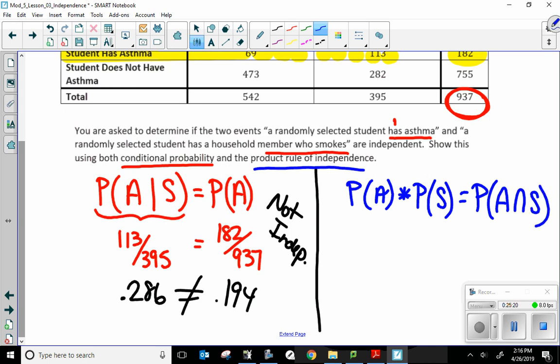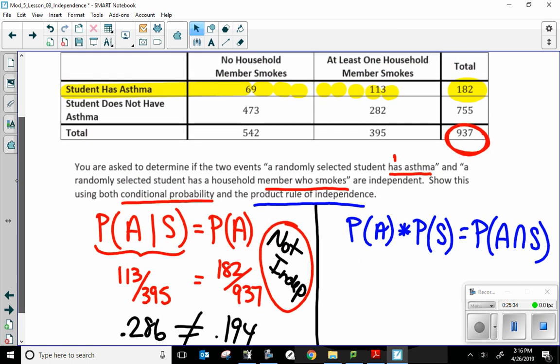So let's look at our table and get this information. Now, these are both going to give us the same response. Both of them should not be independent. We just figured that out right now. So this should also give us a not independent response.